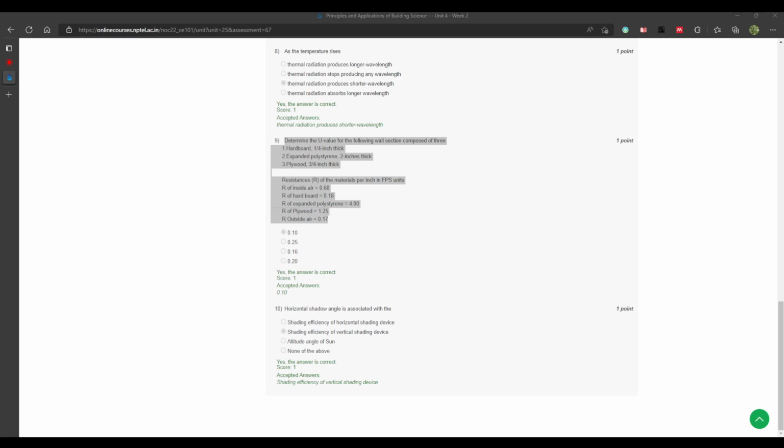Yes, sir. You have 1.25 inch thick hardboard, and the hardboard resistance is given per inch. You just multiply 1.8 with that 1.25 inch.